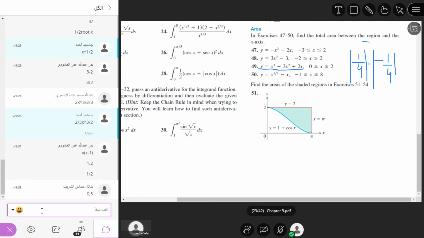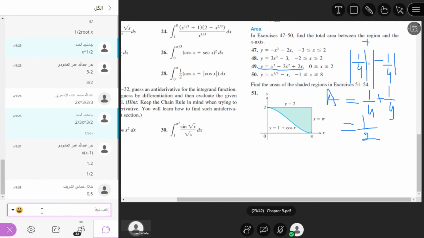Whenever we add these, we get 1 by 4 plus 1 by 4. This is the area, which is equal to 1 by 2. Talal Chaudhary, Talal Hamadi, you are correct. And Badr Abdullah, yes, you are also correct. So it is equal to 1 by 2.